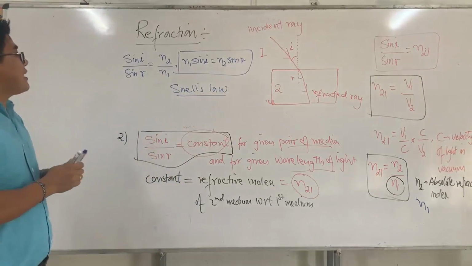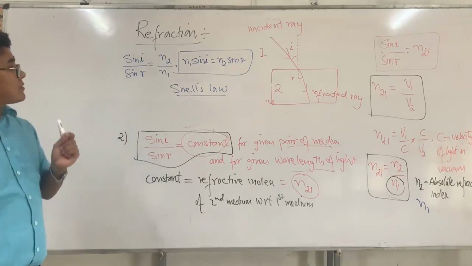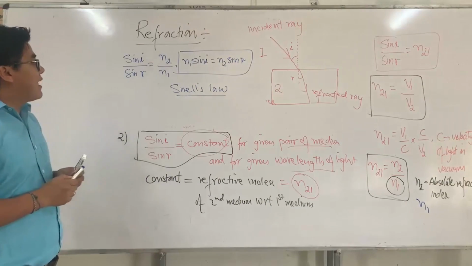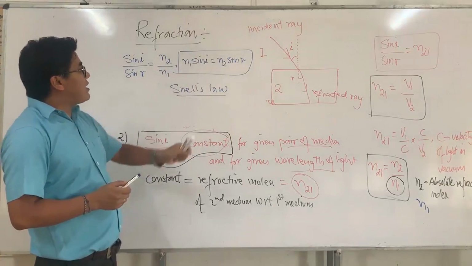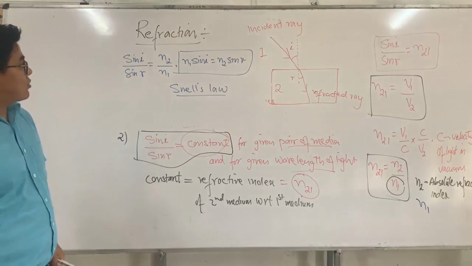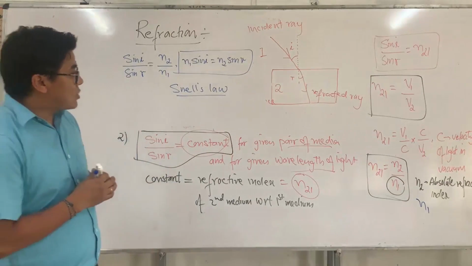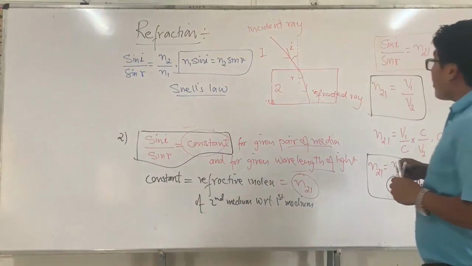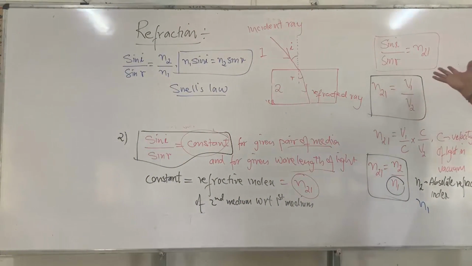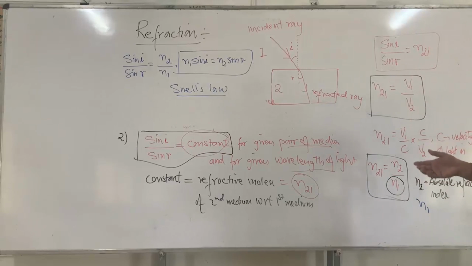So we have, this is refractive index of a first medium, and this is a refractive index of second medium. I is angle of incidence and R is angle of refraction. So this is what we call as Snell's law. Alright, so we can relate refractive index with velocity of light, and then we can relate the refractive index with its absolute refractive index.